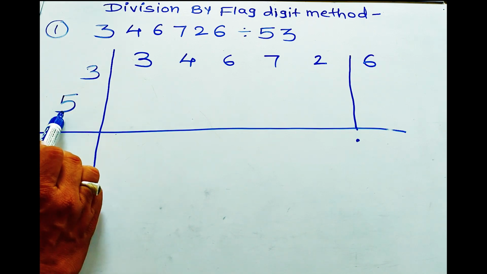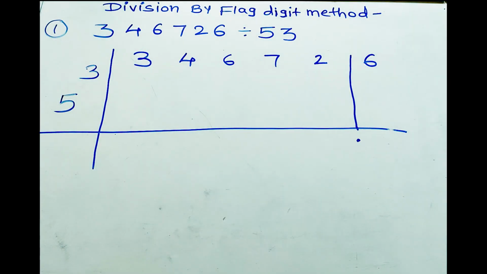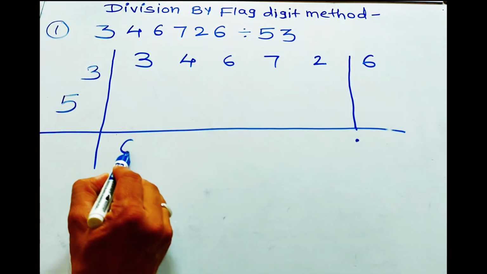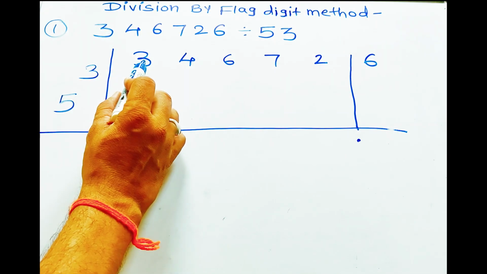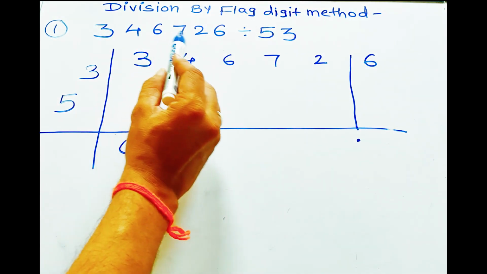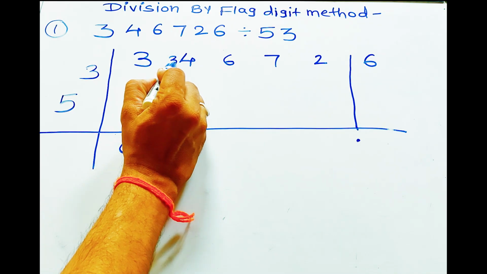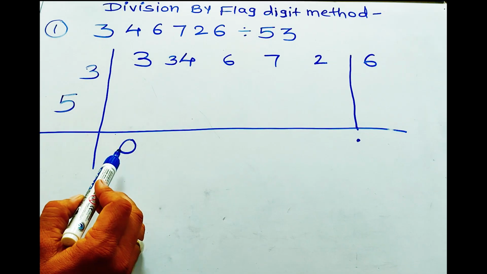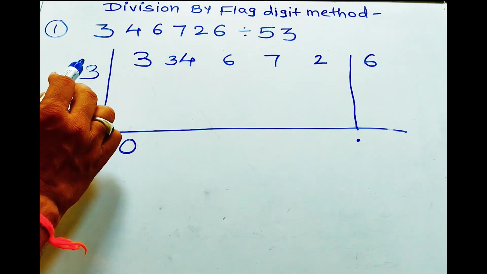Then 5 is divided by 3. 3 is less than 5, so our quotient is 0. Then 5 0 0. So write 3 here as carry, so 3 4, 34. Then multiply 0 with 3.